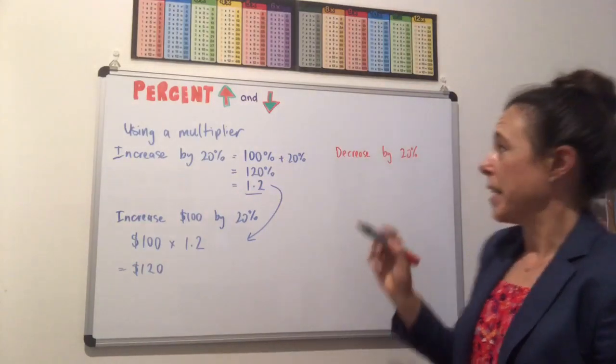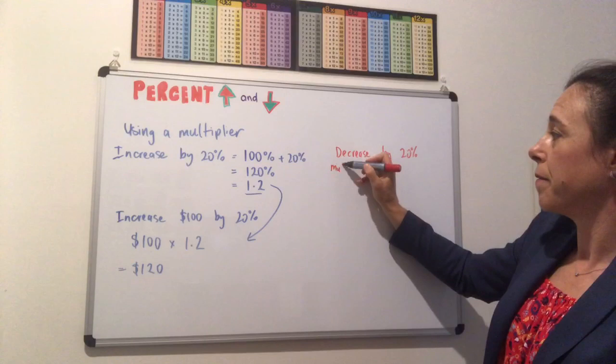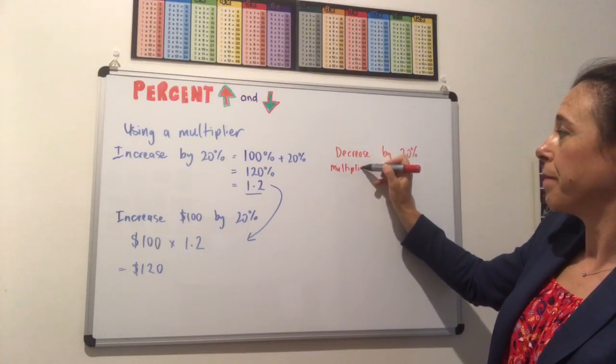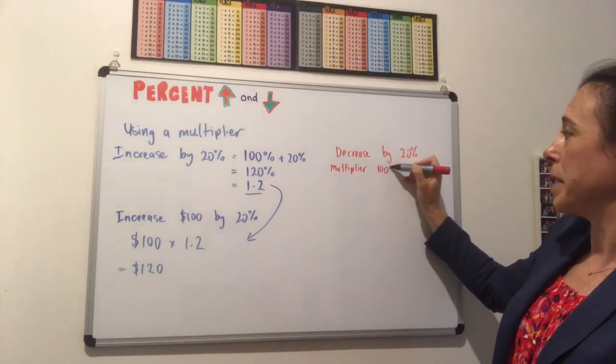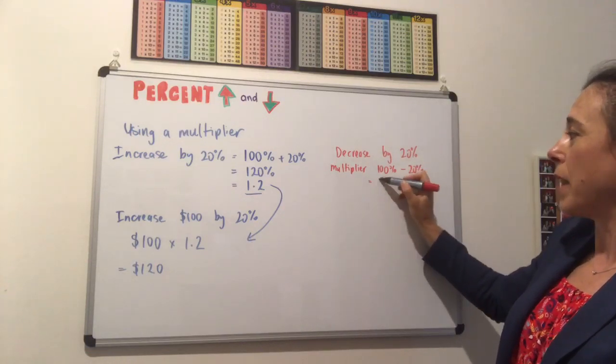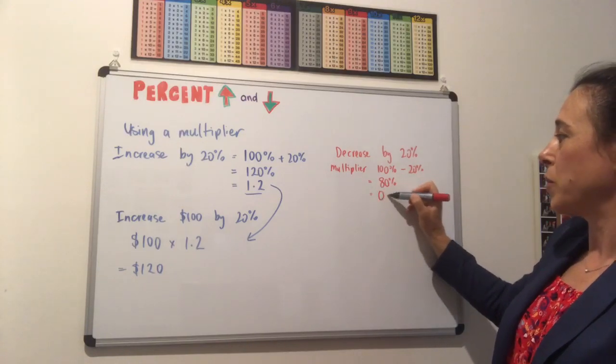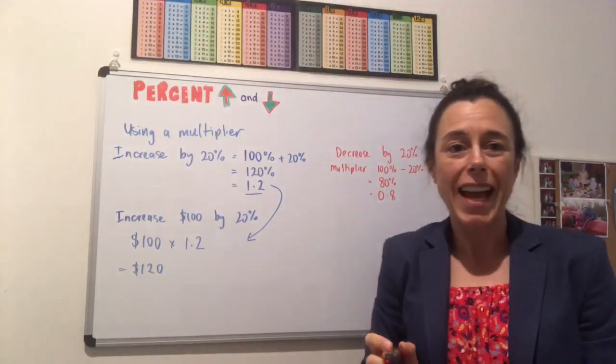Now for the decrease using a multiplier, we are going to take away the 20%. So the multiplier will be 100% minus 20%, which equals 80%, which corresponds to a multiplier of 0.8.